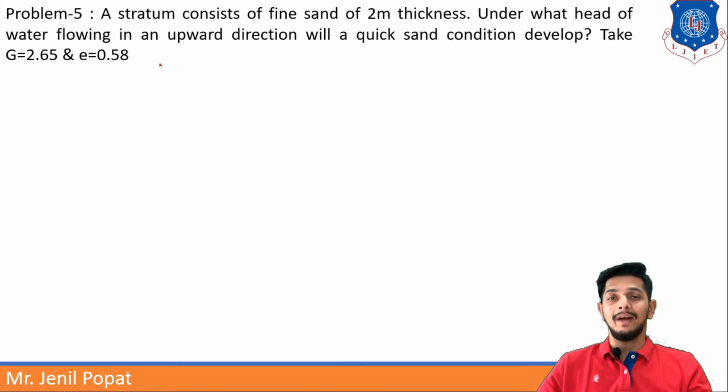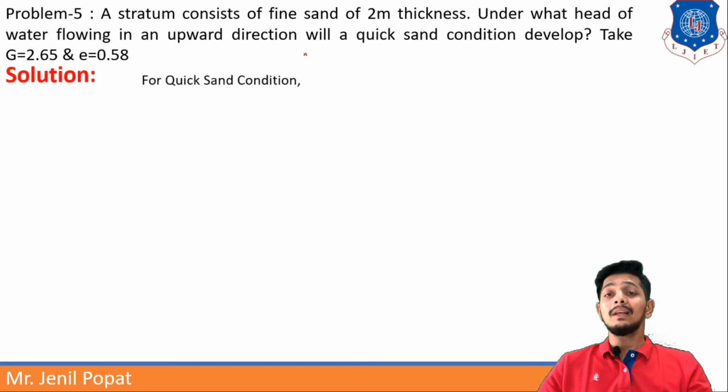Problem number 5. A stratum consists of fine sand of 2 meter thickness. Now 2 meter thickness is provided and the soil type is fine sand. Under what head of water flowing in an upward direction will a quicksand condition develop? Take G and E as given.